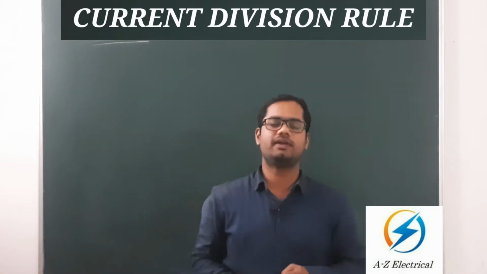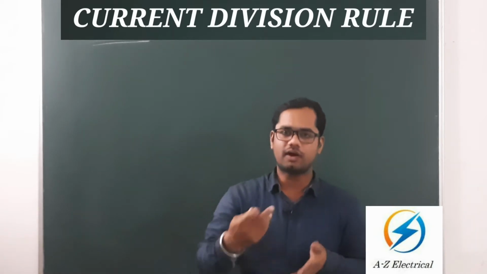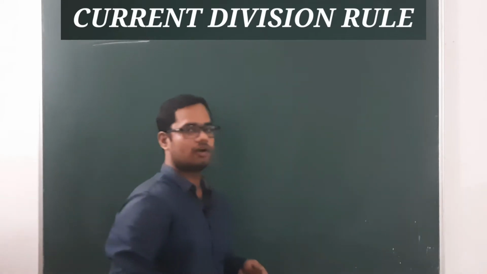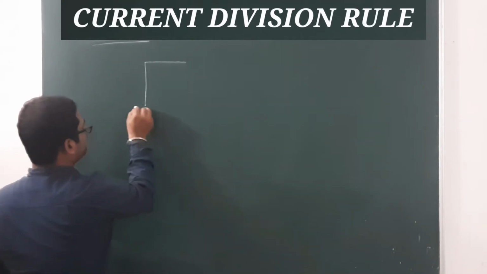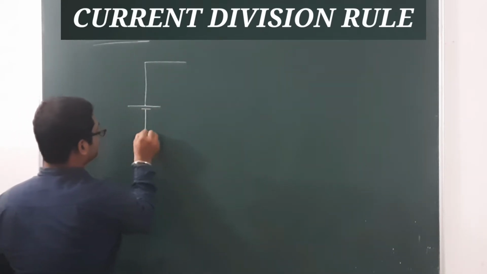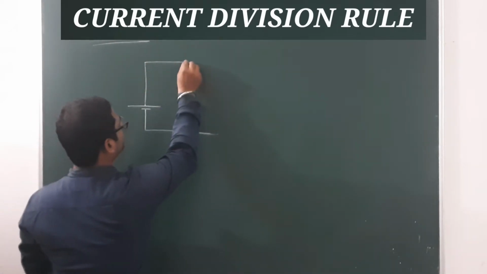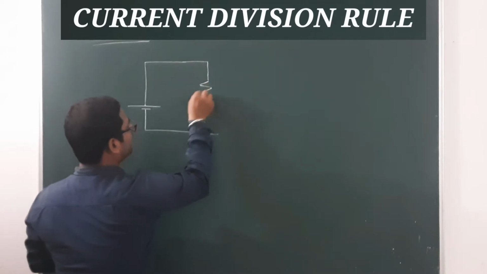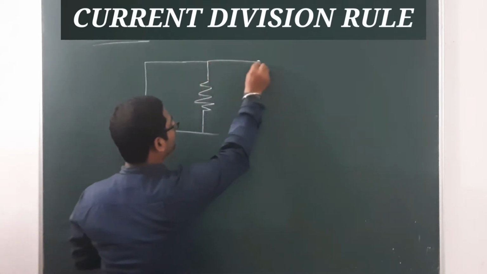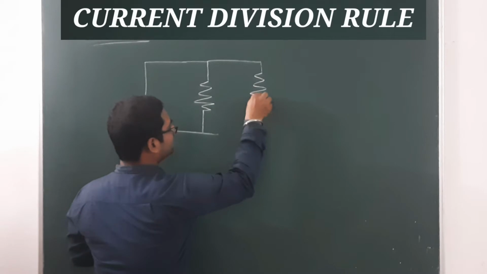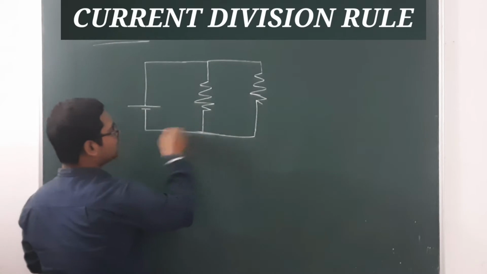First we will try to understand where current division is required. Let me draw one circuit. There is a voltage source, and with respect to the voltage source we have resistances connected.